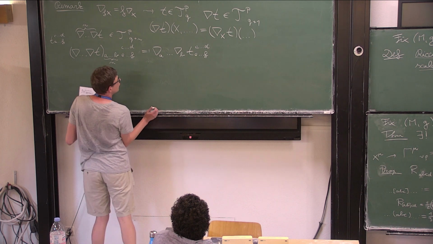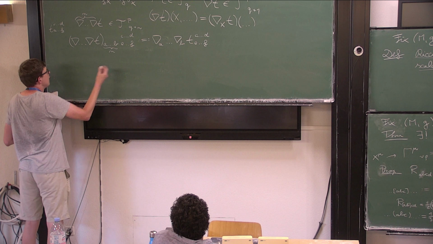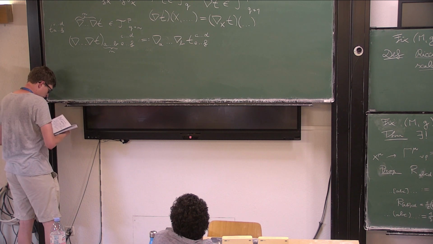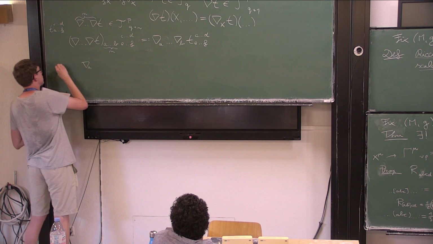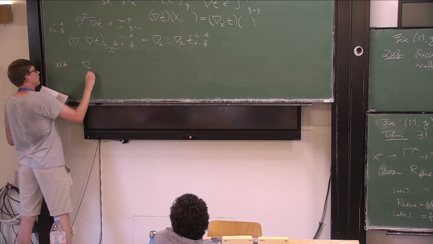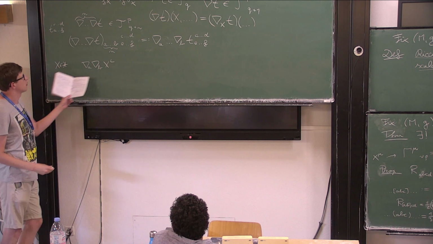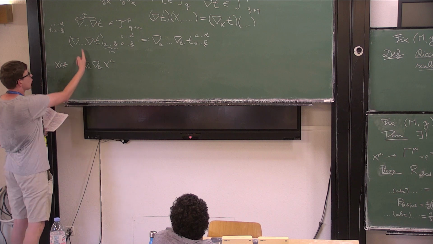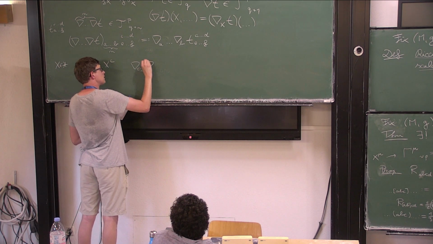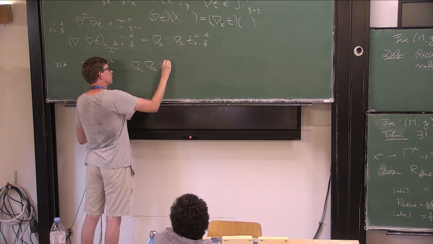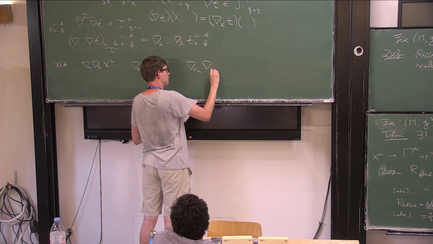If you don't see why this is subtle, consider a vector field X. You can have an expression like this, which follows this philosophy and is just a component of this. You can have stuff like this, and you can have stuff like this, and all of these guys are different.